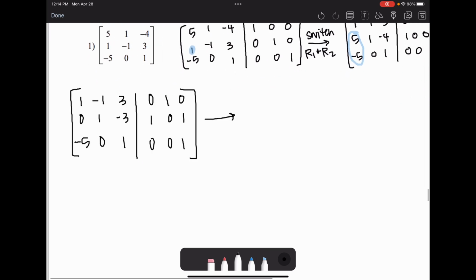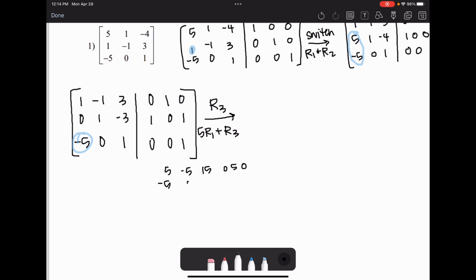Okay, now I can zoom in on this a little bit more. So now the order, it's best to get a 1 here, then the 0 here, then the 0 here. It's just helpful so that you're not backtracking at all. So in order to get row 3 to have a 0 here, we could do 5 of row 1 plus row 3. So this would be 5, -5, 15, 0, 5, 0.